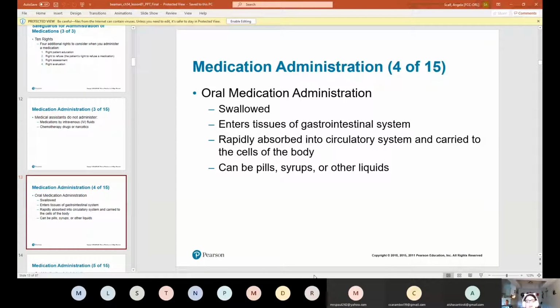Now orally can be a pill, it could be a syrup, it could be a liquid, right? So there's different ways, but when we think orally, we're thinking something that is sent via the GI tract, okay?